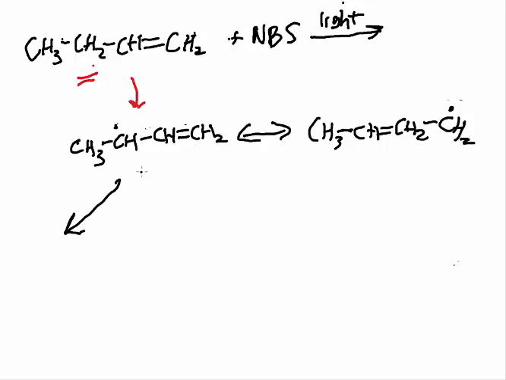That Br2 molecule is the key reactant, and our radical is going to abstract a bromine atom from that bromine molecule, just as I'm showing here. All right, and now just draw the product of that, the organic product.